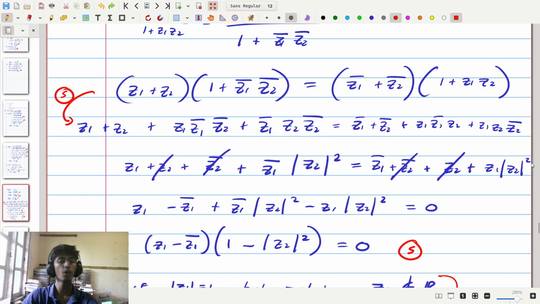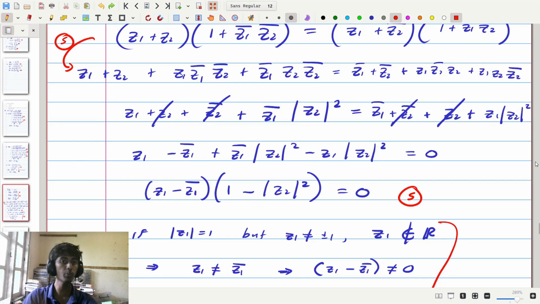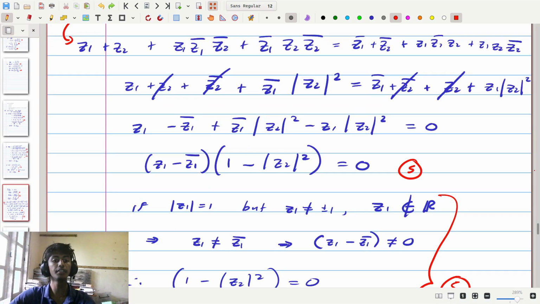Now after this, when you use the third conjugation rule, Z1 times Z1 conjugate is equal modulus of Z1 squared, and you simplify down to this point where you have Z1 minus Z1 conjugate times 1 minus Z2 modulus squared equals 0 like this. Getting to this point gets you 5 marks.